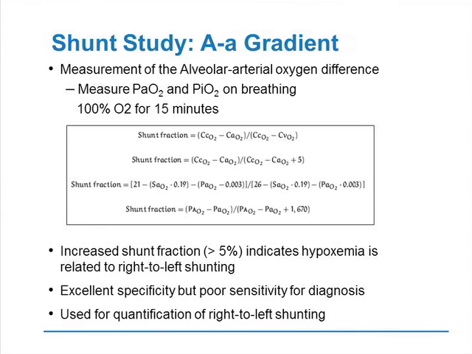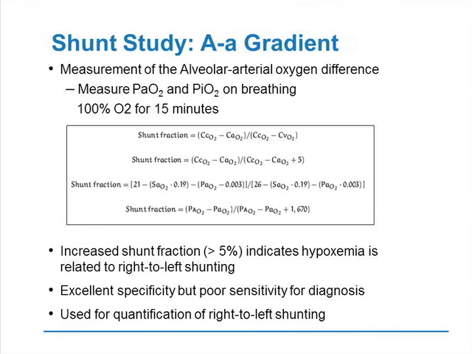And what I mean by that is if at the first visit your patient has a shunt fraction of, say, 18% or so, and then you send the patient for therapy, and then the patient returns to come back and see you in a year or two, and if the patient says that they are still short of breath, rather than repeating a CT scan or something, you could do the study, and if you see that the shunt fraction is now 4%, it's highly unlikely to be because of a right to left shunt, and looking for other causes would be helpful.